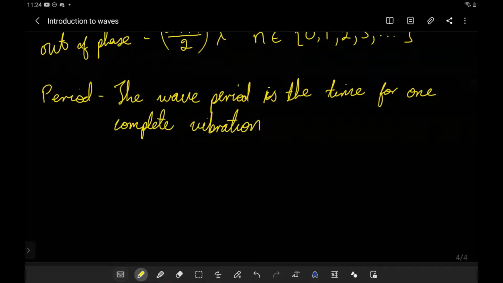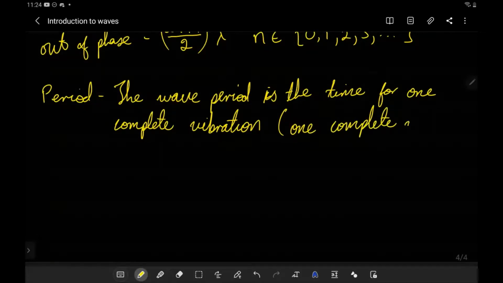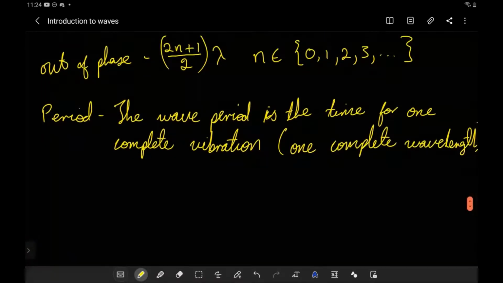Now, we could have also said for one complete wavelength. So, for example, does anybody know about the sine function, as in sine theta?